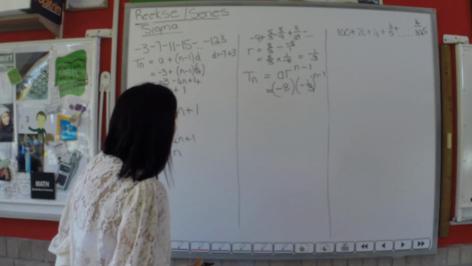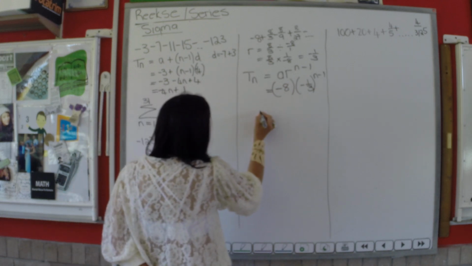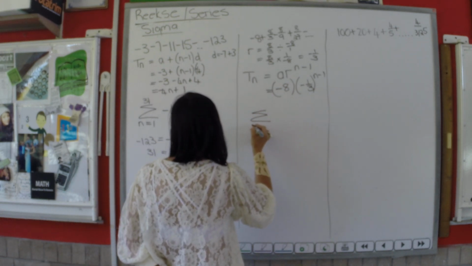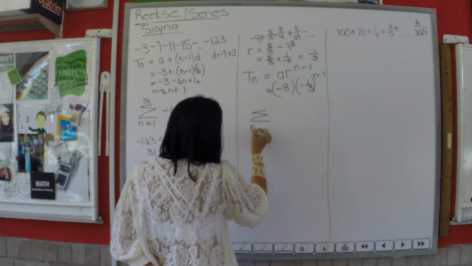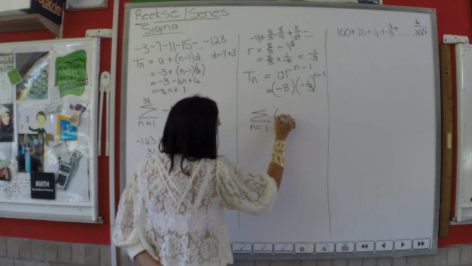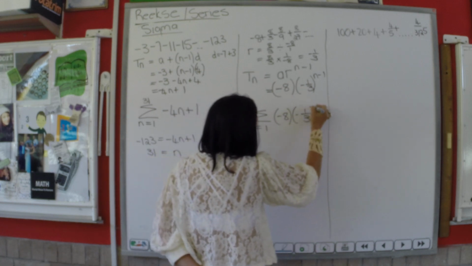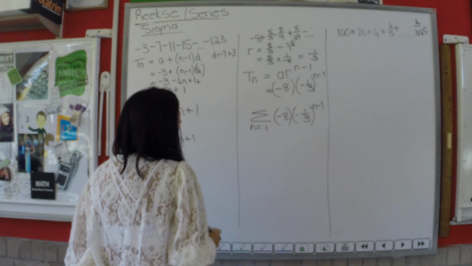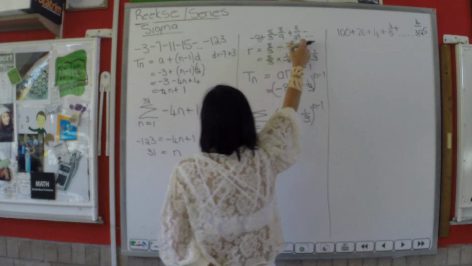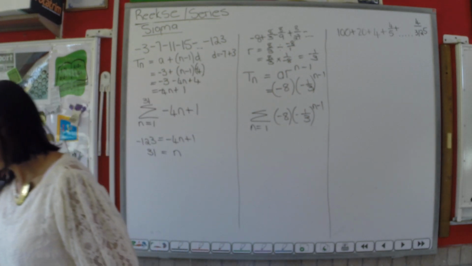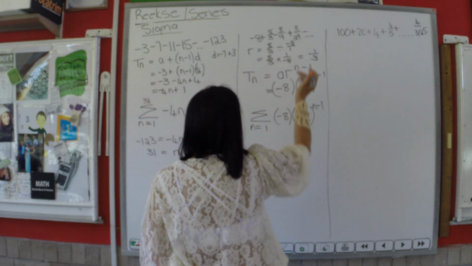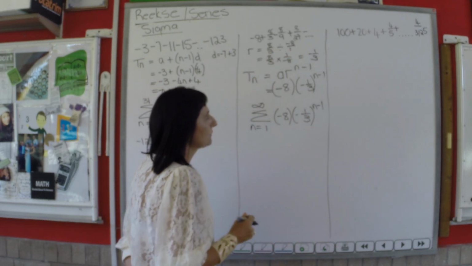So now we're going to write down the sigma. We always start here at 1. We've got the body now, created out of Tn. And now we've got to determine up to where this goes. It goes on forever, so it's the sum to infinity.